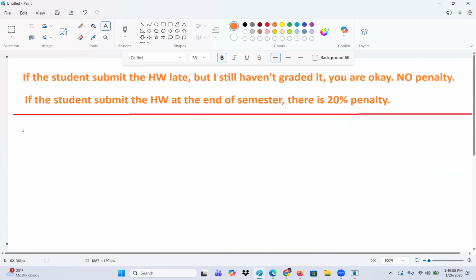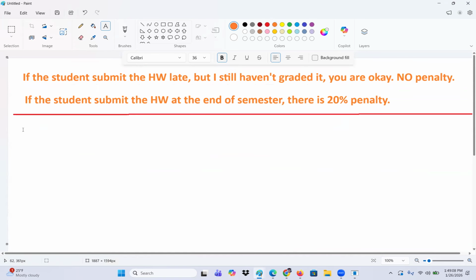The same thing: if the average for B minus is between 80 to 82, for example, and you got 80, the minimum for a B minus, but you add 3% to that, you will get 83, so that would be a B. Some of these will not apply.